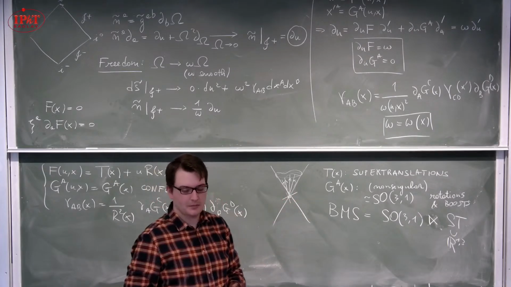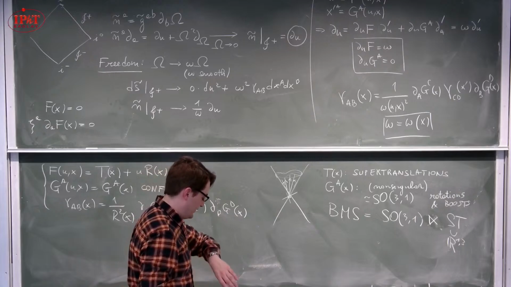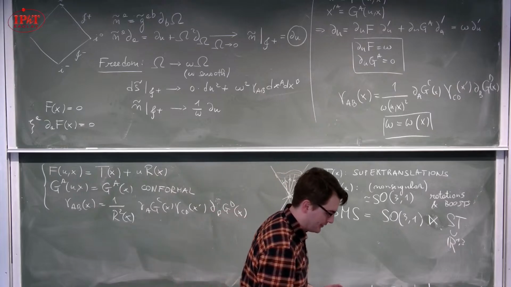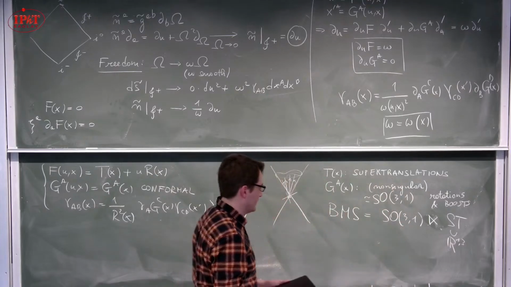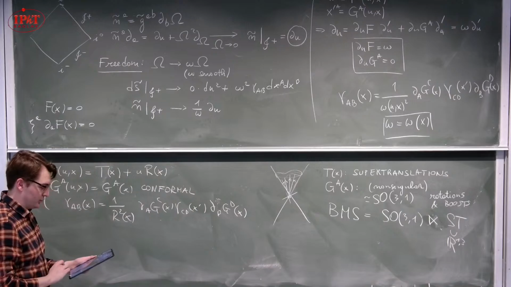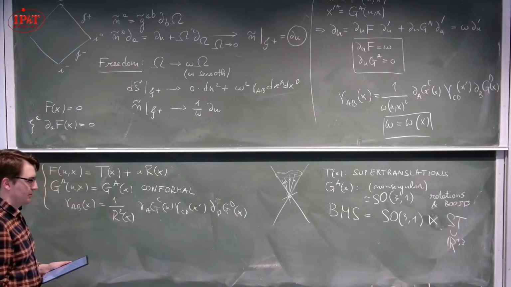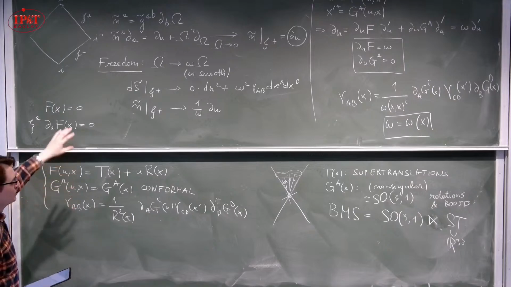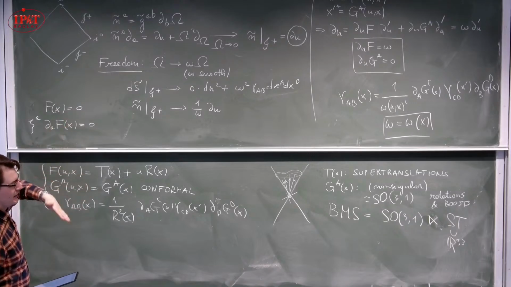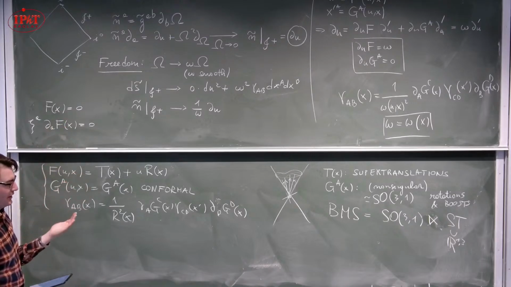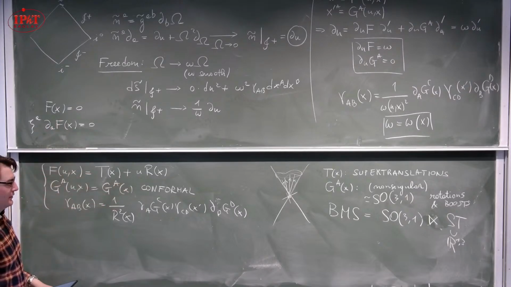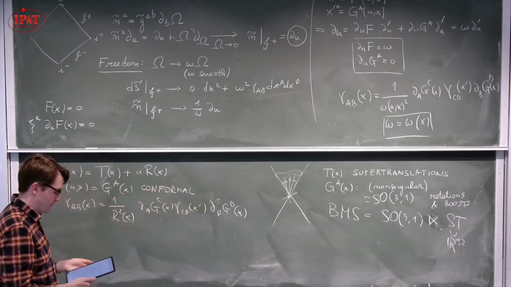So the last thing I wanted to do today, so we might actually go to lunch earlier than usual for once, is to tell you how the metric transforms under these supertranslations asymptotically, because we will need it next time. So again, the right thing to do would be to write down the asymptotic expansion of the metric, and derive supertranslations by imposing that they preserve the falloffs, and find not only the supertranslations but also the transformation rules.